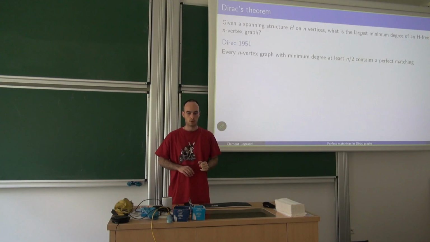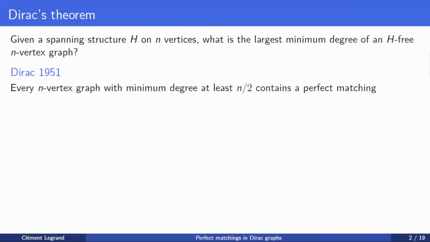A standard question in extremal graph theory is: we have some specific structure, and we're asking how many edges, for example, or what is the minimum degree or the maximal density of a graph that does not contain this structure.